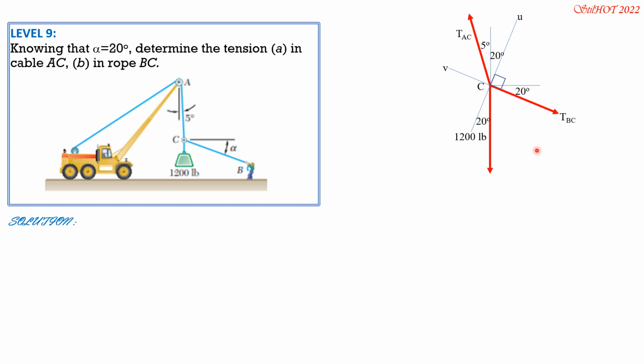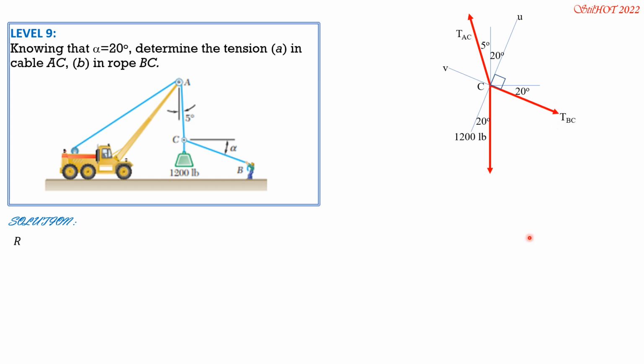So if we sum up, if we equate R sub U, because the system is in equilibrium, R sub U equals 0, then tension AC cosine of 5 degrees plus 20 degrees, or 25 degrees, minus 1,200 cosine of 20 equals 0.